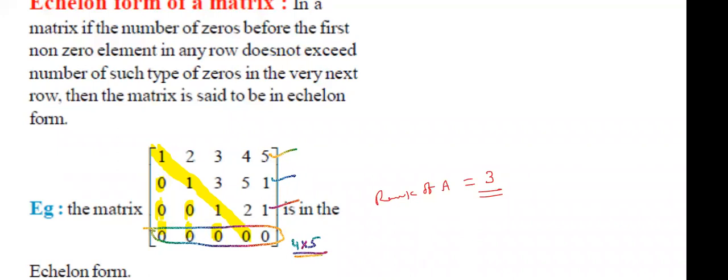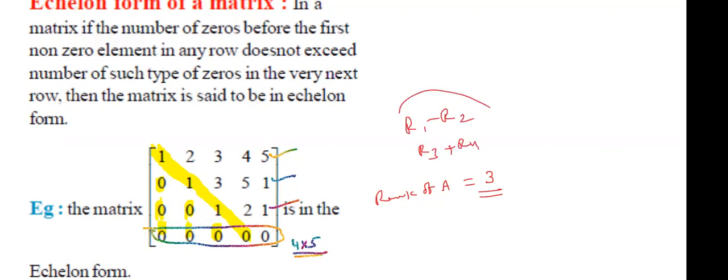In intermediate you get up to 3 by 4, maximum 4 by 4. Other than that, you will get in engineering only. That's why remember this method. To convert to echelon form, in place of zeros you get the numbers by using elementary transformations, like subtracting R1 minus R2 or R3 plus R4.